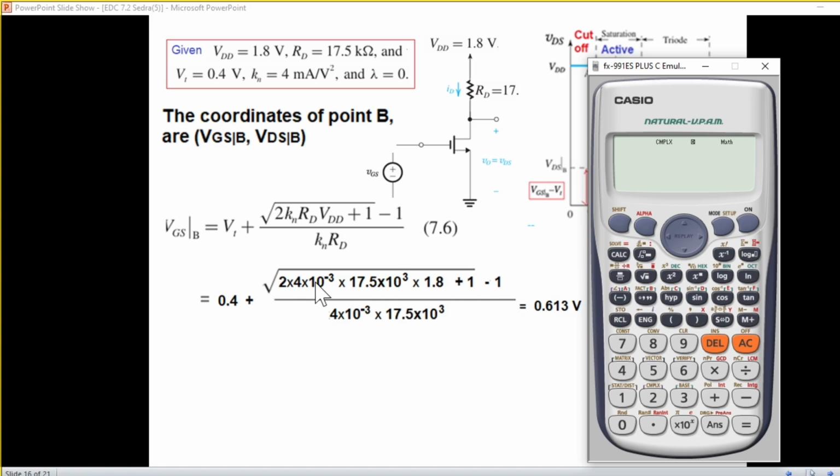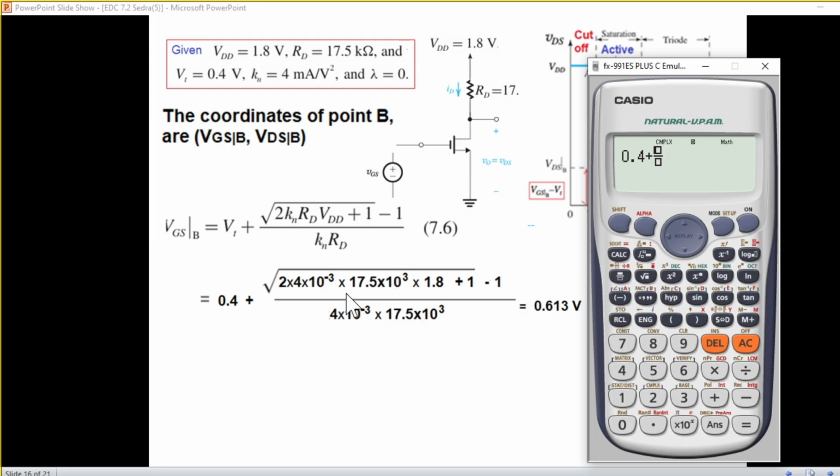Using this, I can write 0.4 plus, then this is a division, so a fraction right here. The terms like 2 into 4, we will ignore, because 10 to the minus 3 and 10 to the plus 3 will cancel.